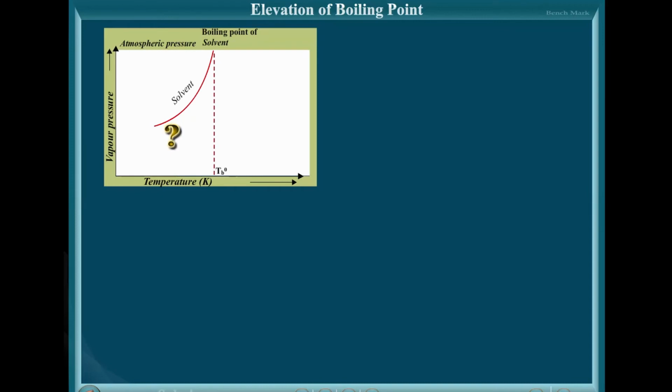So the boiling point of the solvent is TB0 because it is at this temperature that the vapor pressure of the solvent becomes equal to the atmospheric pressure. You can find here the red line touching the atmospheric line.